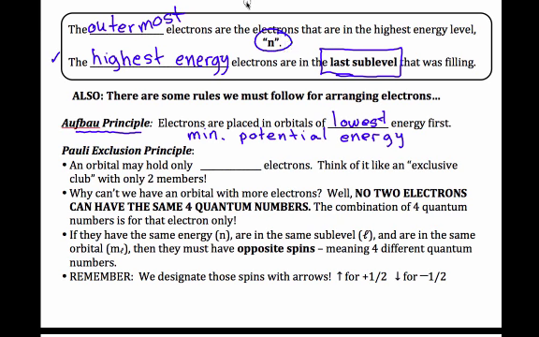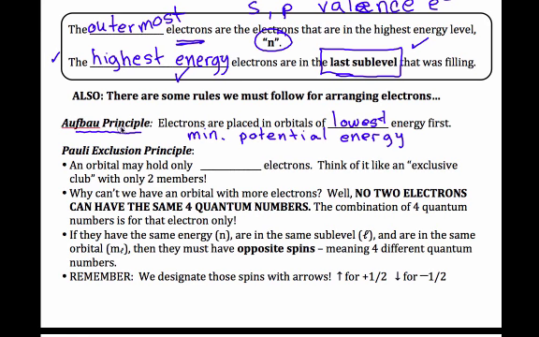In fact, we're going to find the highest s and p are critical because those outer s and p electrons are given a name. They're called valence electrons. So your outermost electrons are the highest energy. Your highest energy electrons are the last sublevel filling. Okay?